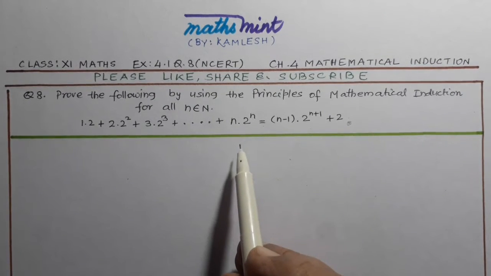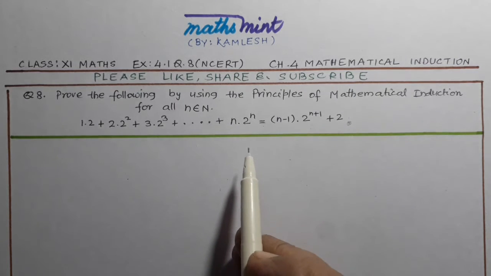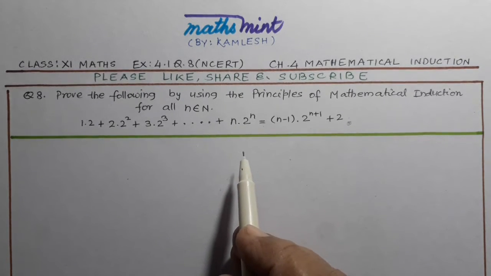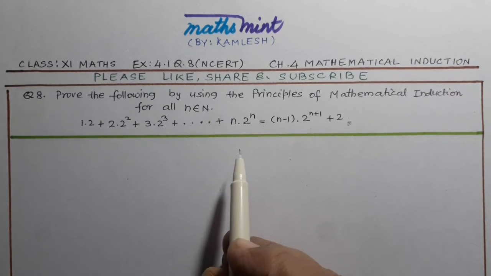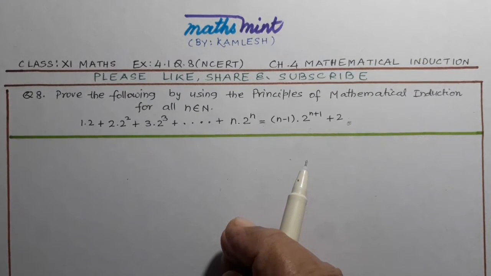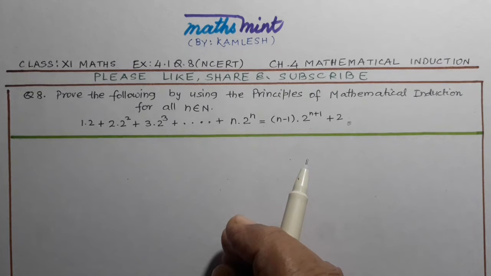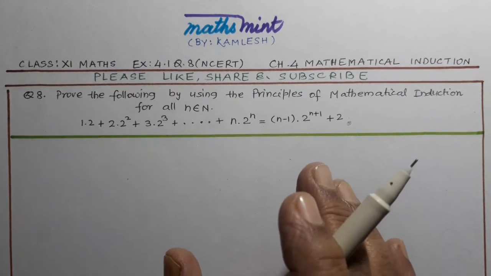Before this question, we have already solved 7 questions, and all questions are solved on the same pattern, which has 4 steps. Steps 1, 2, and 3 are very easy and common for all the sums. Only in step 4, we have some calculations and some obstacles. So, step 4 must be watched very carefully, right?